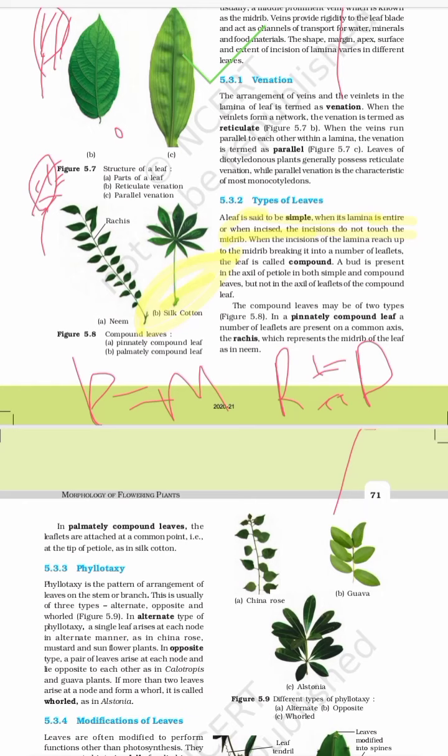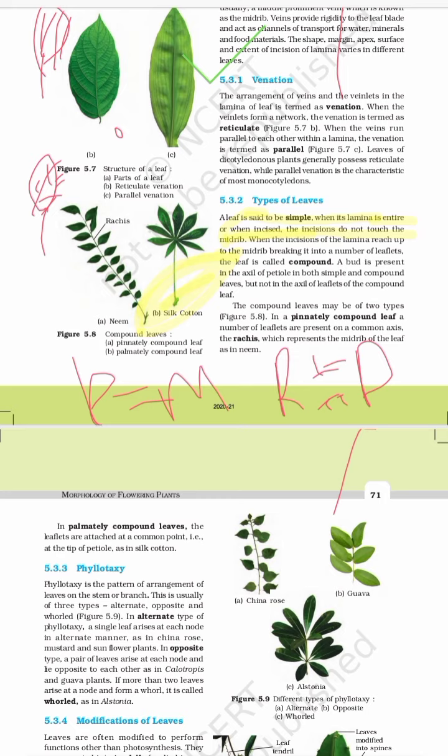Understood? Now if my lamina is not a simple lamina, right? My leaf has not one lamina, but it divides itself. Where a division happens, that is a compound leaf.